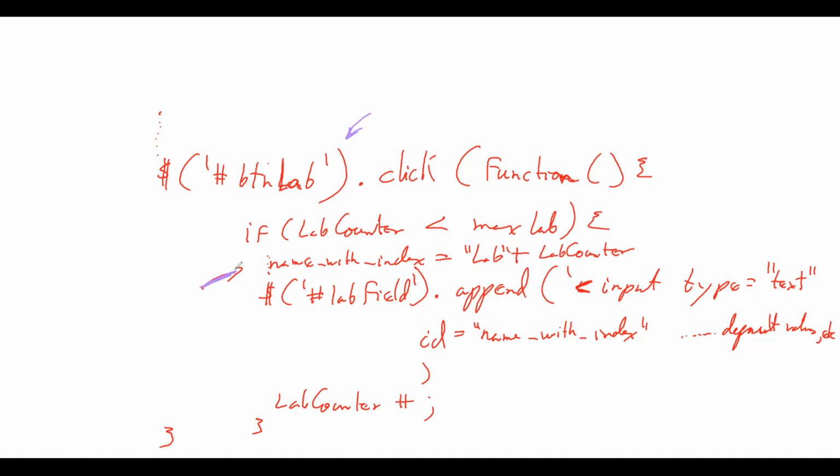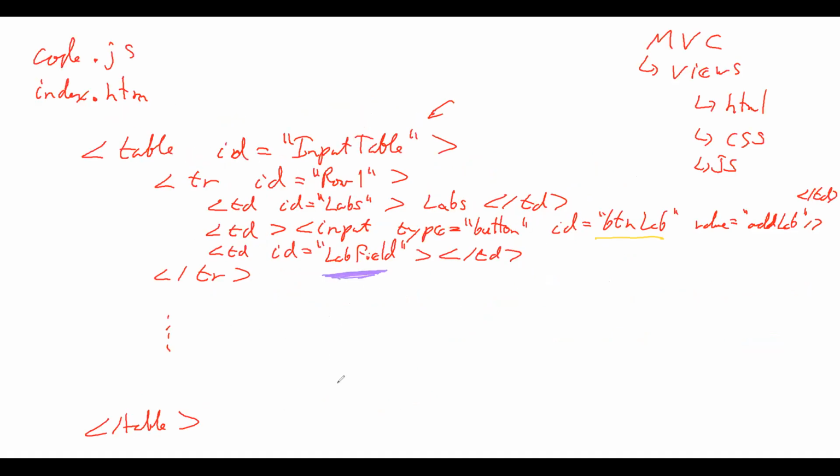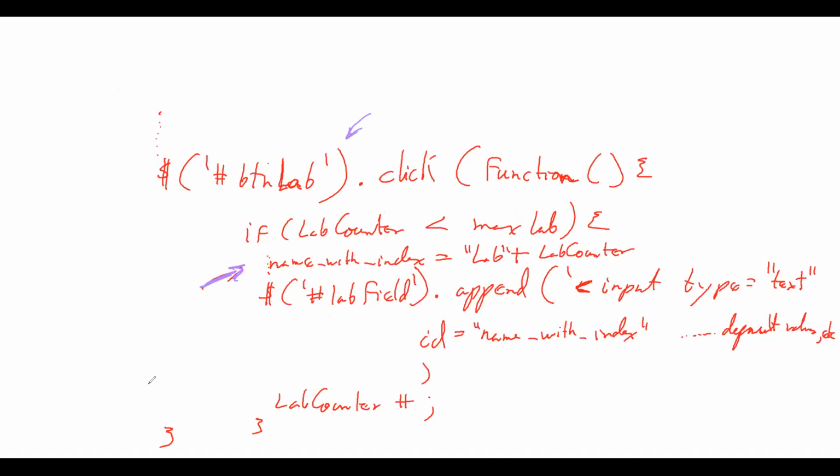So you create the new name, and then you need to find, instead of lab field, it would be quiz field over here, but for another table row. Okay, and so you can try out that logic.